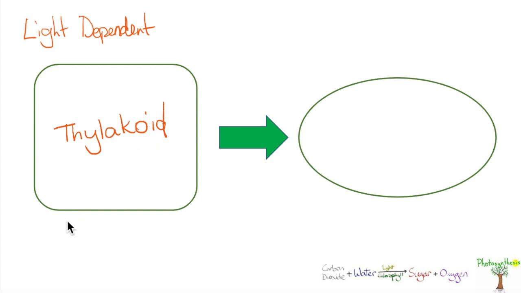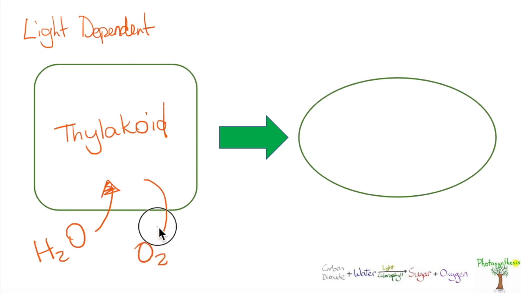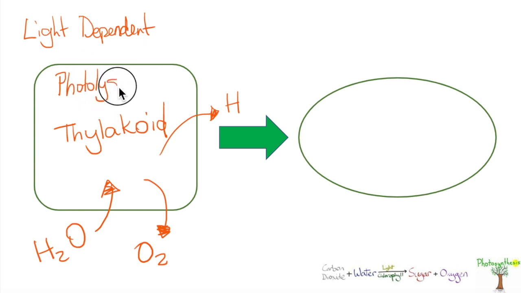And this is where we get water, and water comes in and it gets broken up into oxygen that comes out, and we get hydrogen given off. And we say this is light dependent, and it's also known as photolysis. Photolysis, the breaking apart of water using light.